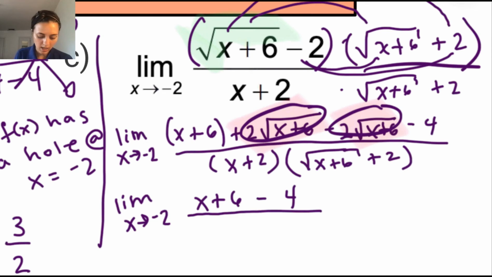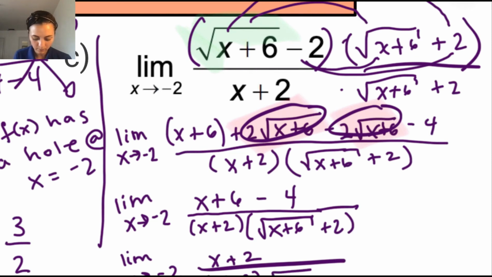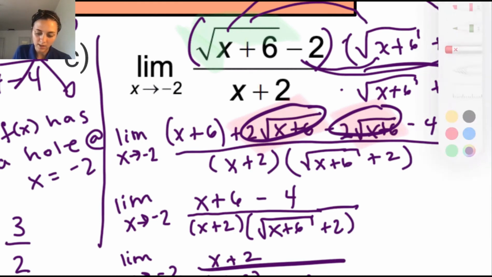Okay, and I still have this long thing at the bottom. You'll see why I'm not canceling it out. It's because if I look at my numerator, I get x plus 2. And then I have my x plus 2 in the bottom. And that x plus 2, oopsies, is exactly what I wanted to cancel out.